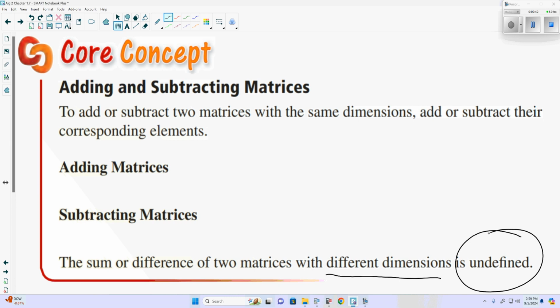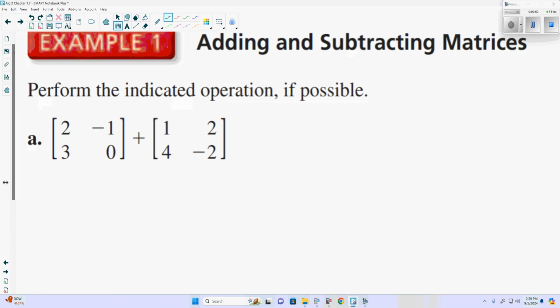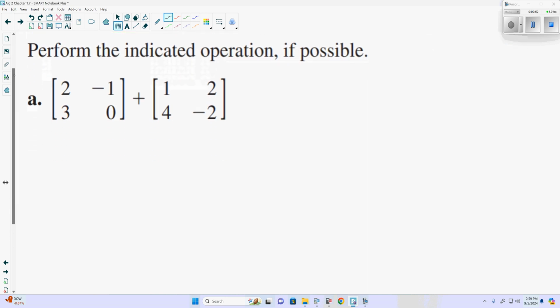But if they are the same, we can add or subtract the corresponding elements. So let's look at the first one here. Our first matrix is a 2 by 2. The other matrix is also a 2 by 2. So that means we can add them, and we will add the corresponding elements.